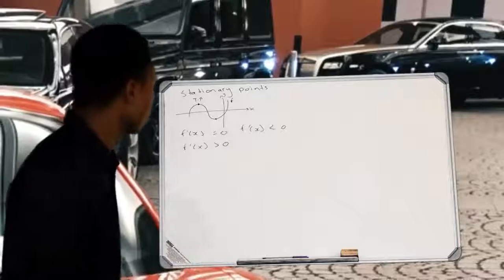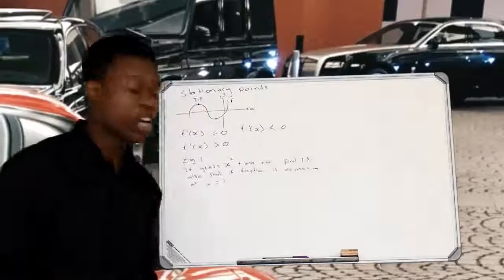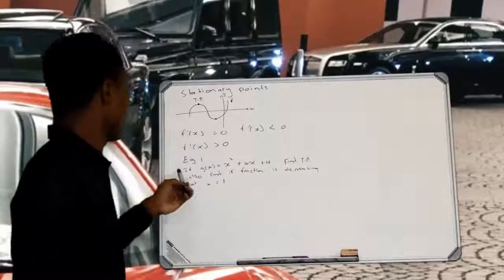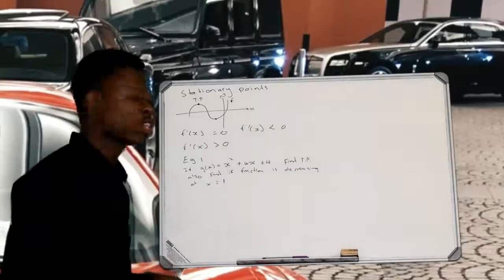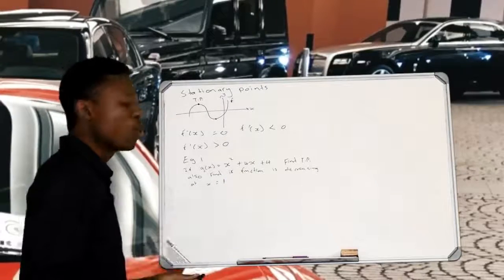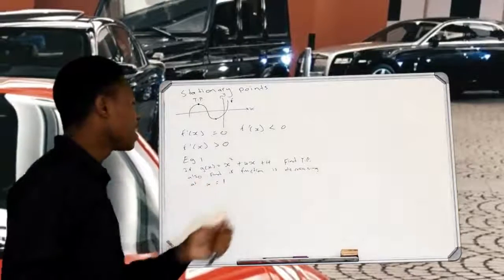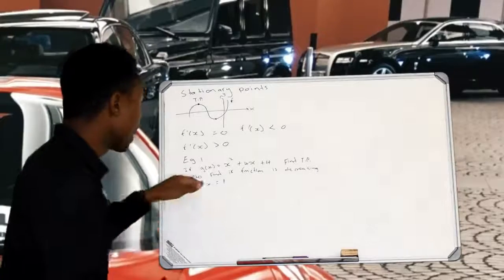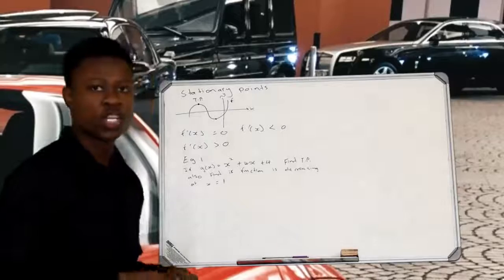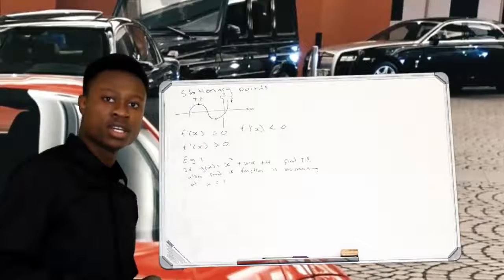So let's do an example to see what I'm talking about. Okay, so what does my example read? My example reads, if g of x is equal to x squared plus 4x plus 4, find the turning point and also find if the function is decreasing at x is equal to 1. So let's break it up and start with the first question. The first question says, find the turning point.